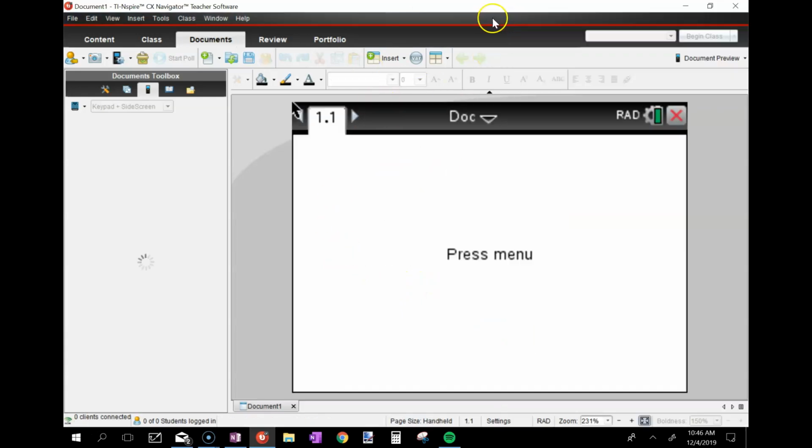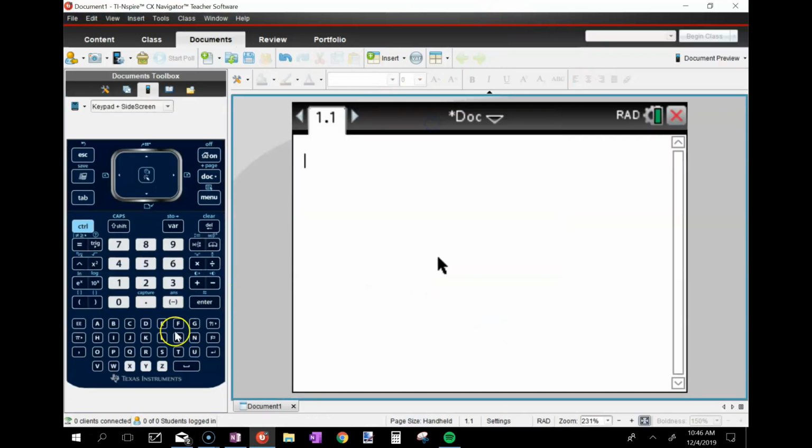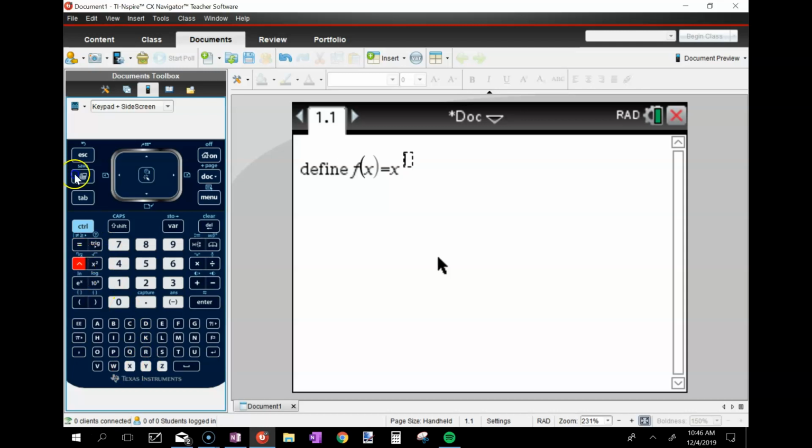So what I would do for this problem is I would define my function as x cubed plus 2x squared minus x.